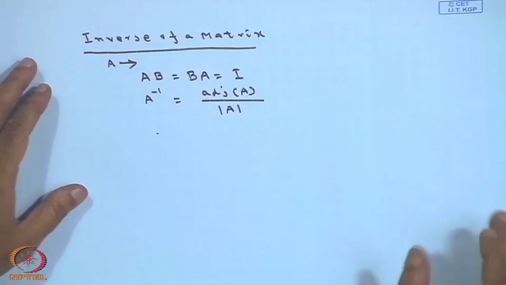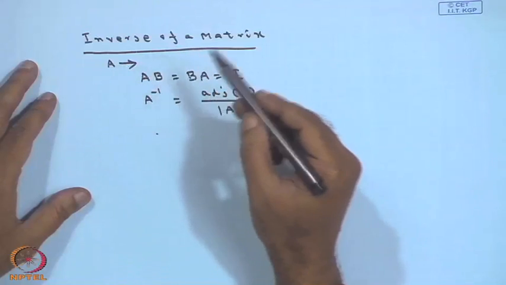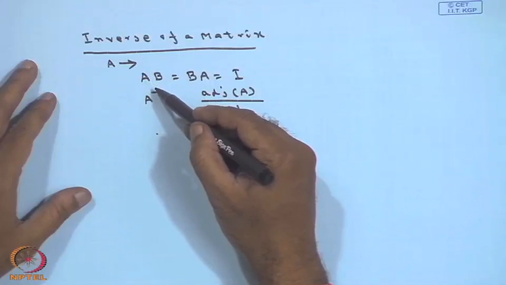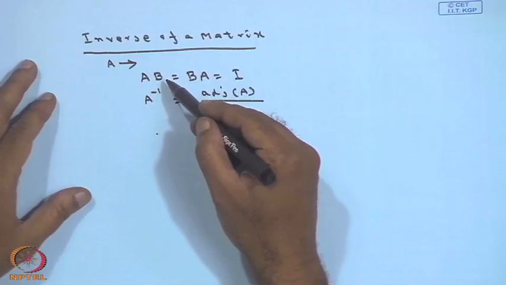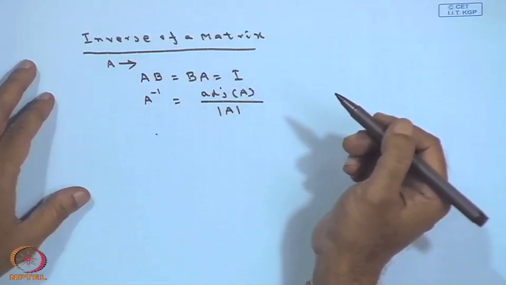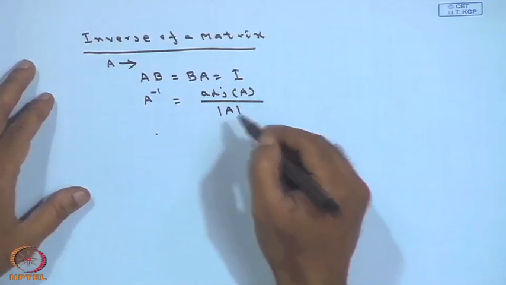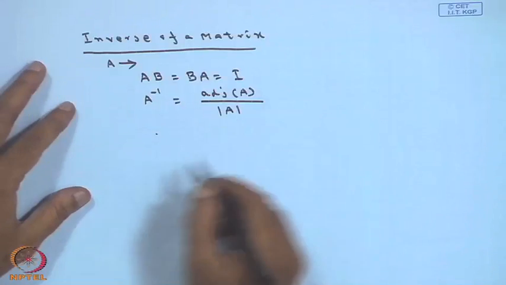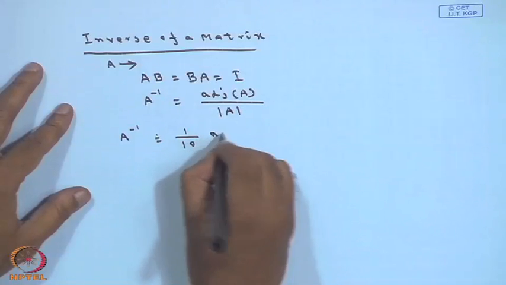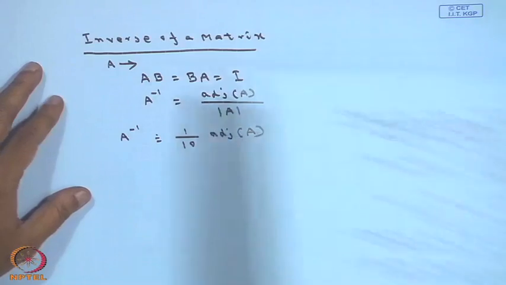So, actually what is happening? If the inverse of a matrix exists, if it is non-singular, if it is square, and we can find a square matrix B of order n such that AB equals BA equals I, where of course I is the identity matrix which we have told earlier, then A inverse we are defining as adjoint A by determinant A. For the earlier example, A inverse can be calculated as 1 by 10 into adjoint A, which we have already calculated in the earlier example.